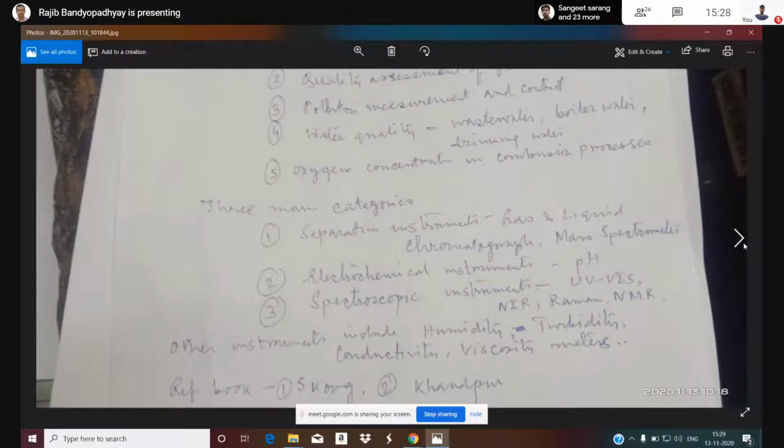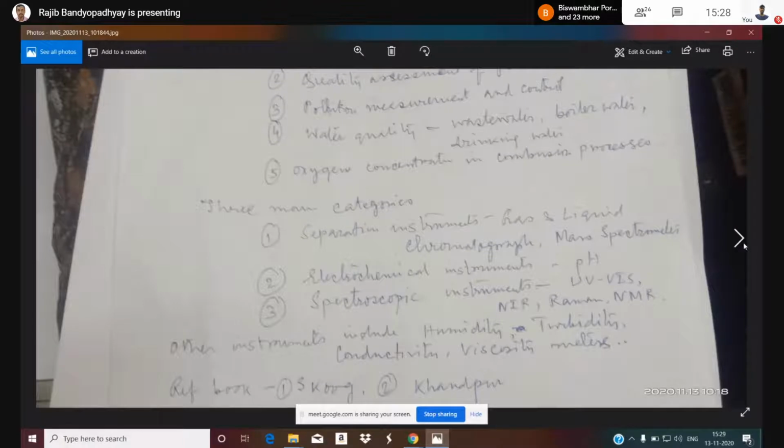It's based on the principle of spectroscopy, and we'll discuss it. Spectroscopic instruments were mostly used in research labs, but now they are in the field, used in plants for measurement of gas concentration, and many other applications in industry as well as in the lab.